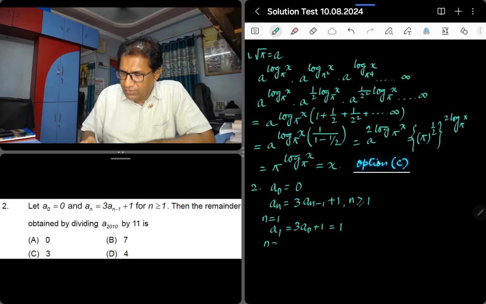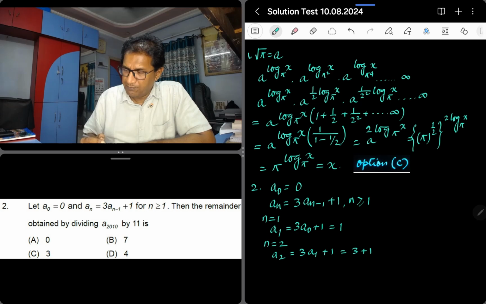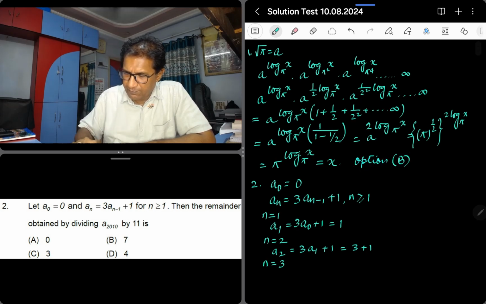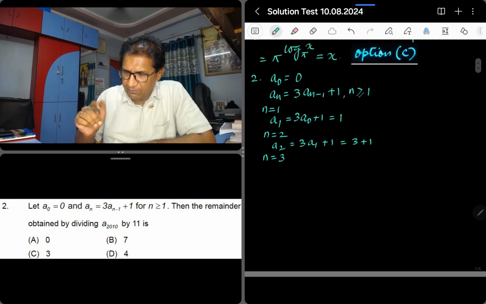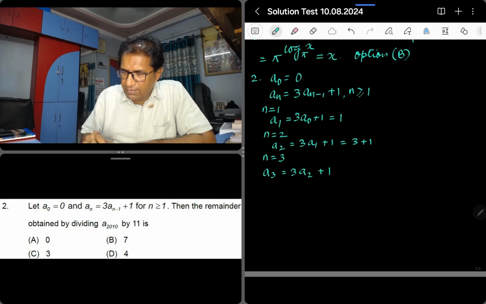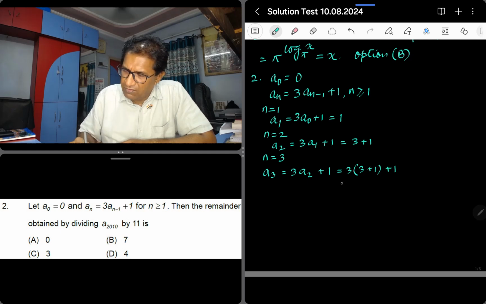Now if I put N is 2, so we are having A1 is 1, so it's like 3 plus 1, okay? Now if I put N is 3, what we are getting? We are having, now A2 is 3 plus 1, so I'm replacing that. So if I open the bracket, it's 3 square plus 3 plus 1, right?